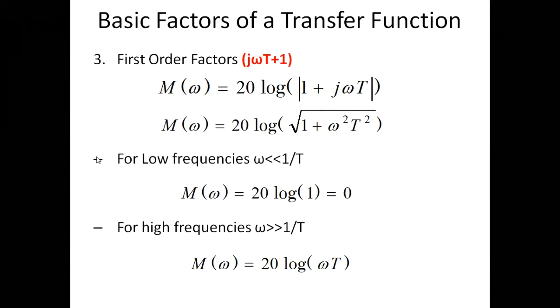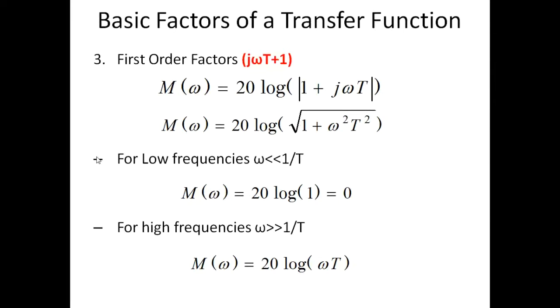Now for the first order factors, if you have 1 plus j omega T, what will be the magnitude, or what will be the Bode plot? Here we'll have two cases. For low frequencies, that means if w is less than 1 over T, the magnitude is 0.